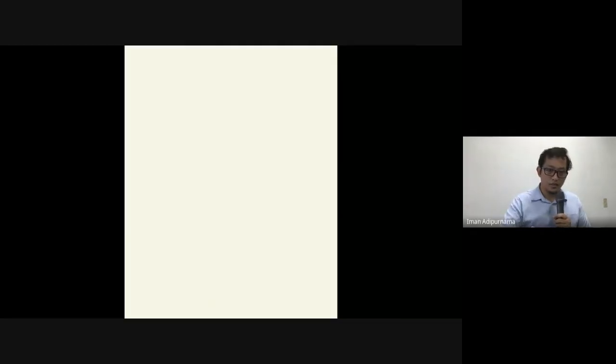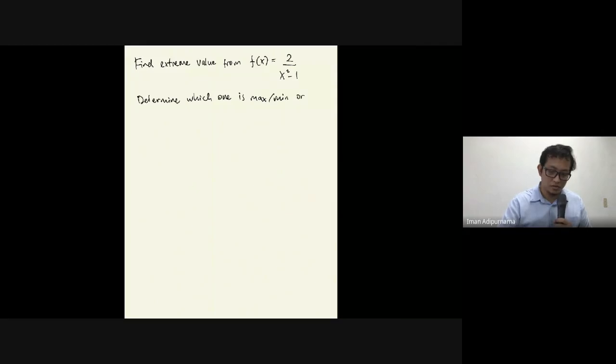Find the extreme value from the function and determine it.